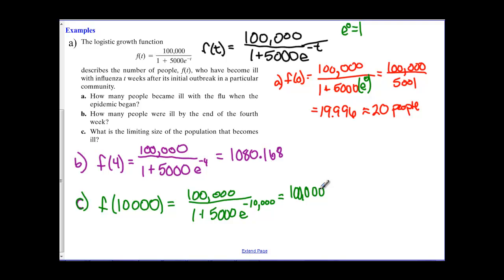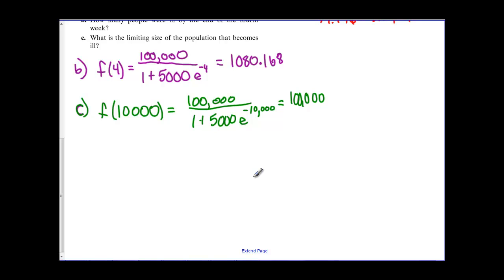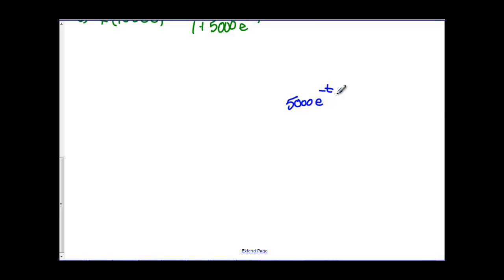If you think about it, if you have a negative exponent, you guys don't care, but I'm going to tell you anyway. We're just looking at this 5,000 e to the negative t. Well, that e to the negative t is the same thing as 5,000 times 1 over e to the t, which is the same thing as 5,000 just being divided by e to the t.